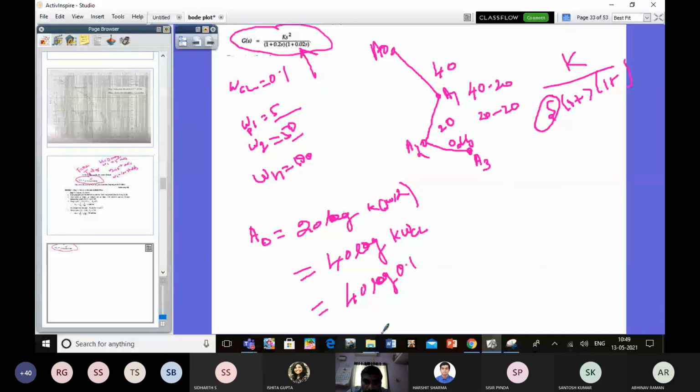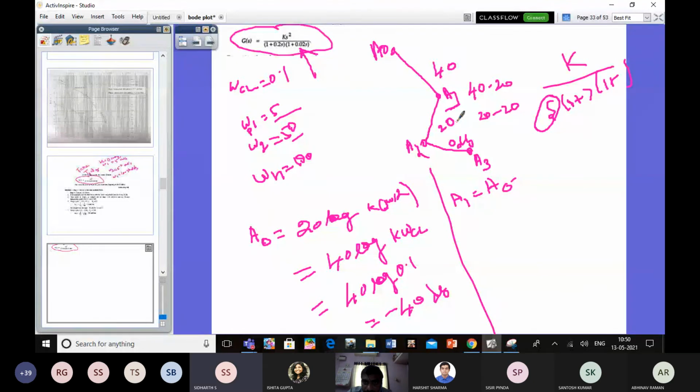Next, how to determine A1? Siddharth? Sir, A0 minus 20 log of omega P1 by omega CL. Arre, dear, what, man? You are sleeping. A0 we already determined using this equation. A1, how to determine? What is the slope here, dear?